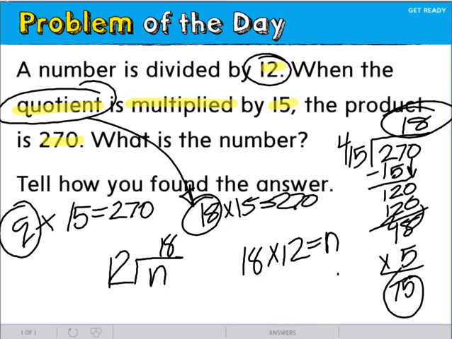Who can tell me what 18 times 12 is? What's 18 times 12? I feel like the Jeopardy game show host right now.